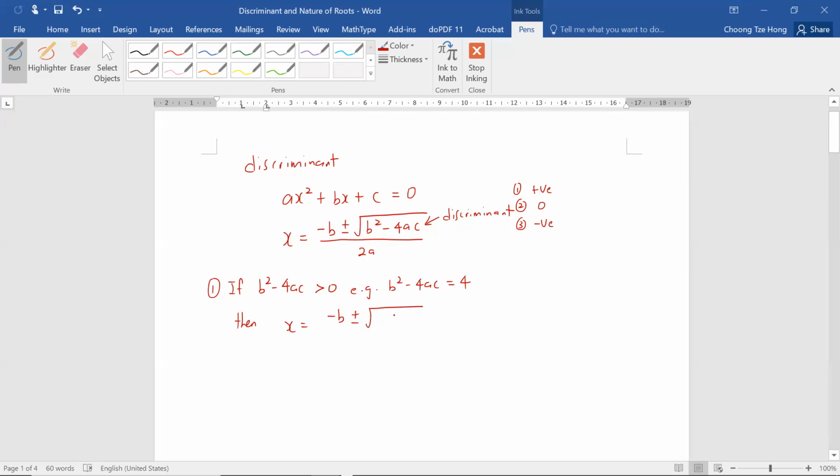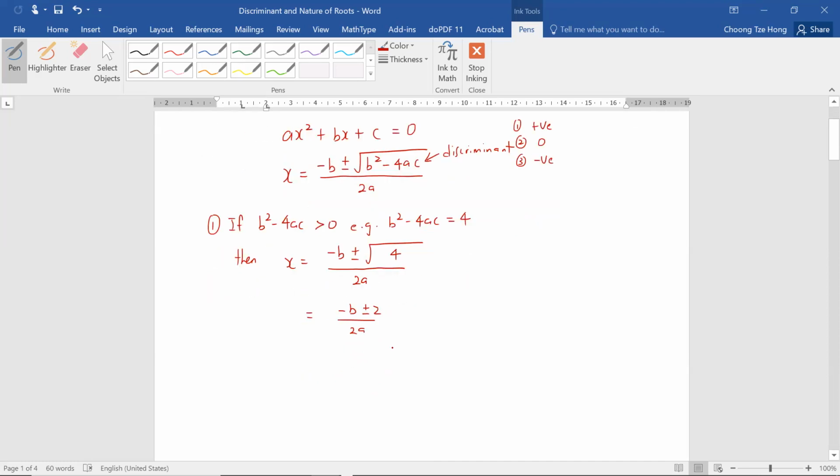If b squared minus 4ac is 4, same thing for a, in the actual question it will be a number, but for now it doesn't really matter, so I'll just leave it as 2a. If we go on and solve this, the square root of 4 will give you 2, right? So it becomes minus b plus minus 2 over 2a.